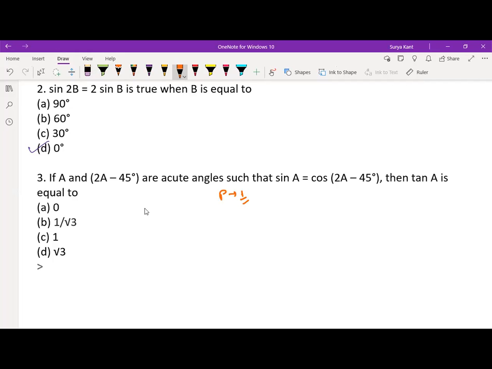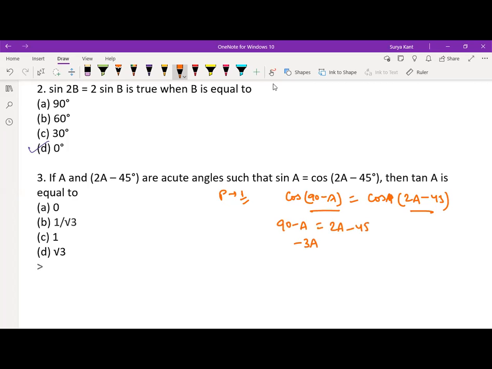Sir, I converted sine into cos of 90 minus A. Yeah, that's true. If you make it cos and cos, then it's very easy. Cos of 2a minus 45. If cos is the same, then this and this will be equal. So 90 minus a is equal to 2a minus 45.